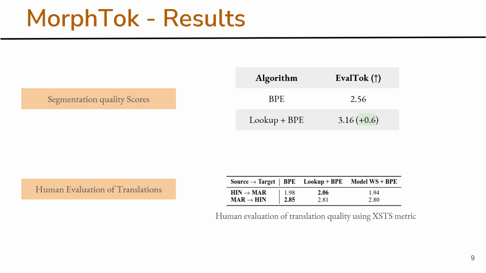In post-hoc human evaluation, we observe lookup plus BPE has a higher EvalTok score than BPE. For translation quality in Hindi to Marathi, lookup plus BPE has higher scores than BPE. For Marathi to Hindi, we observe slightly lower scores for lookup plus BPE. Overall, our experiments suggest that introducing grounded segmentation during the pre-tokenization stage improves segmentation quality, also with an improvement in downstream tasks.